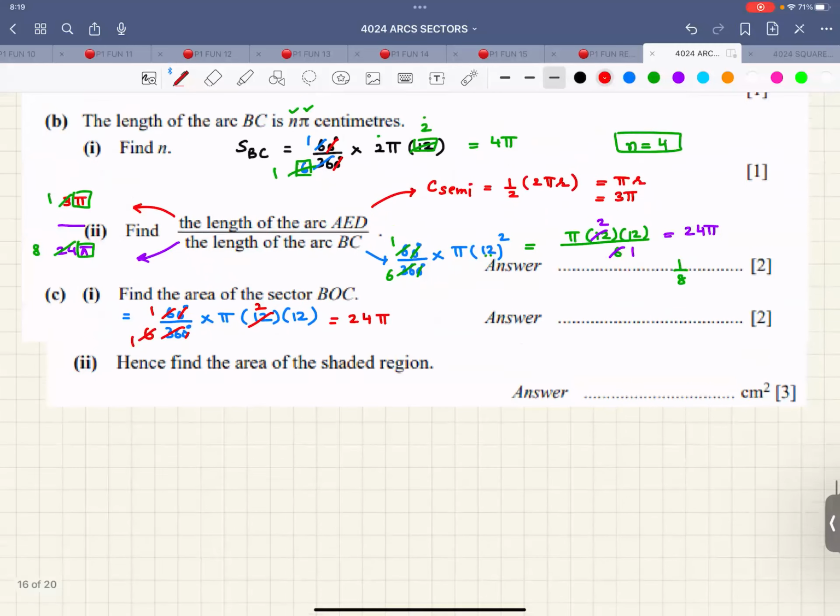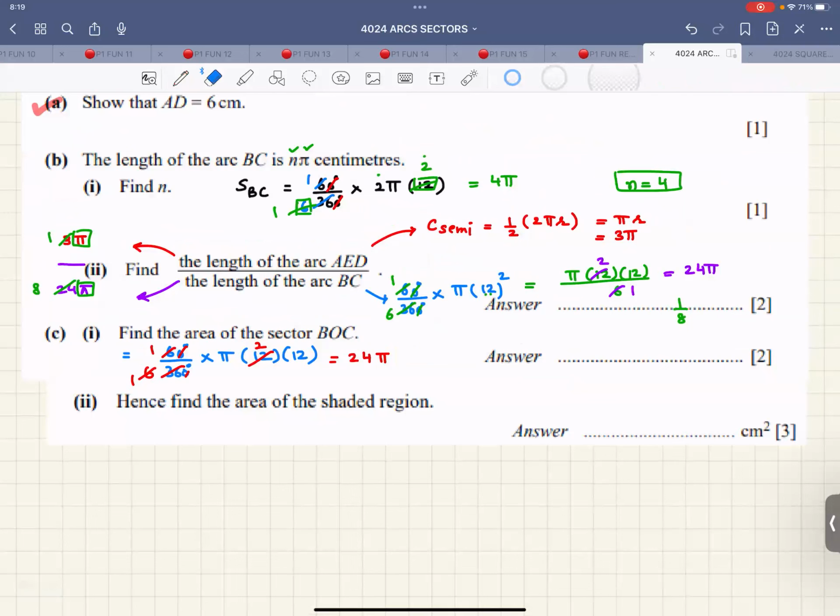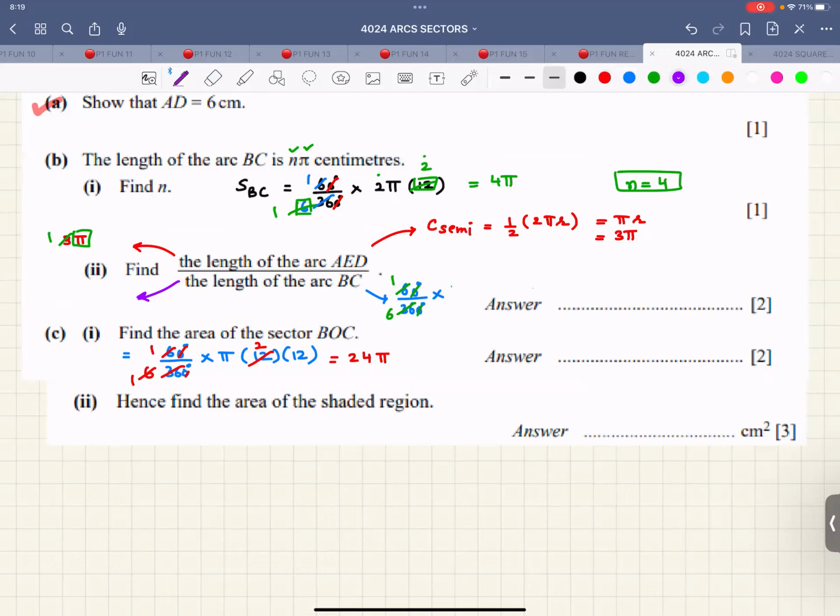One more thing. I just made a small mistake. Let me correct myself. This is circumference. So this is also circumference. So this is 2 pi r. So let me just erase this thing. That's my mistake. So let me erase it over here. Okay.